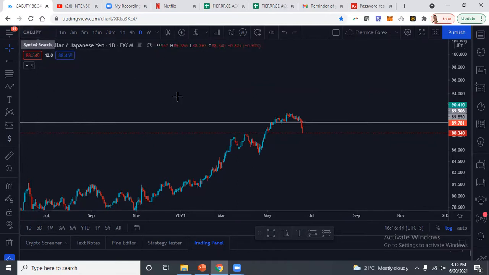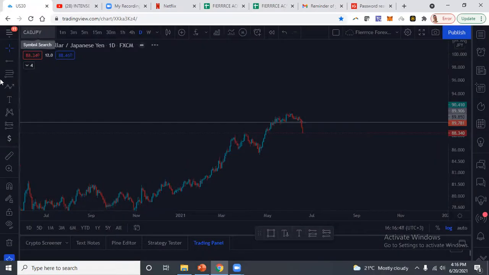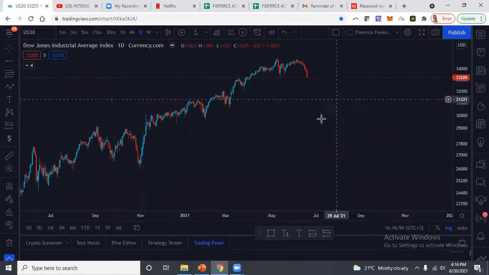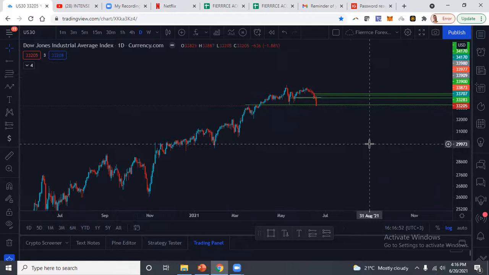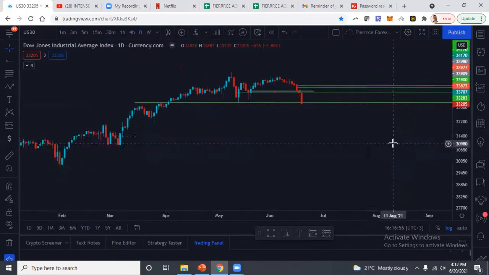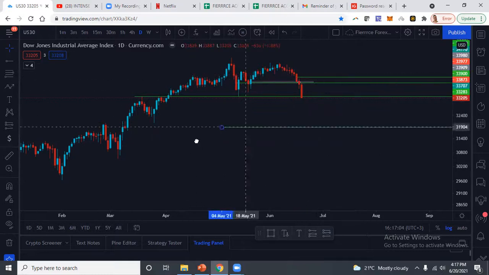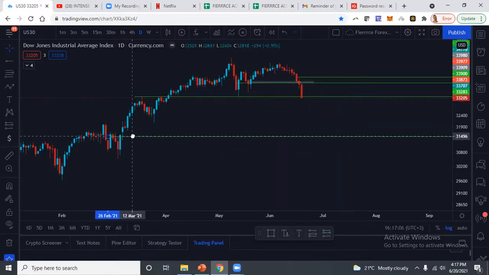What else? Which other pair can we look at? Indices. So I look at US 30 and see what happened last week. Like I said, guys, all these things are looking the same across the board. This is looking heavily, sorry, bearish.